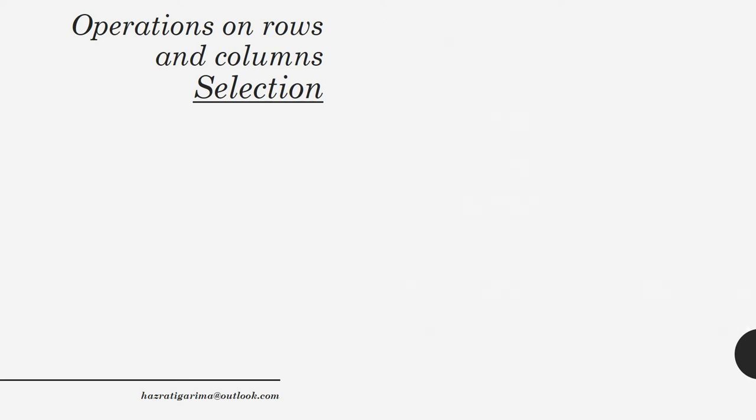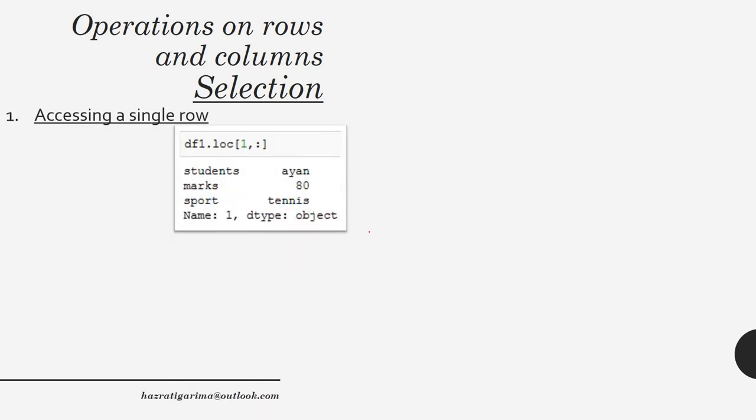Now next thing, selecting or accessing a row. Accessing a single row: if I want to access a single row, then I have to write the data frame name dot loc. Loc means location of that row. After that, which row you want to access. And there's a syntax over here.